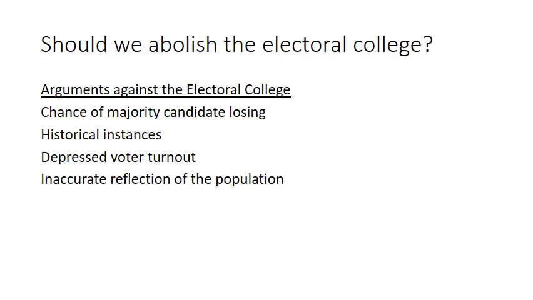Last, it distorts the population. It's an inaccurate reflection of the population. What they mean by that is, if you're part of a population like Wyoming, if you live here, you get 3 electoral votes. In California, I think you get 55, if I remember correctly.